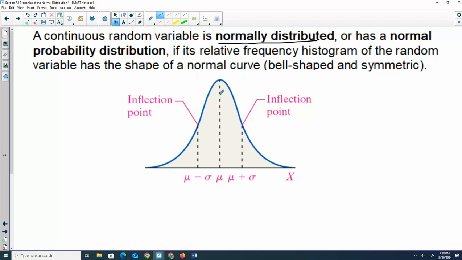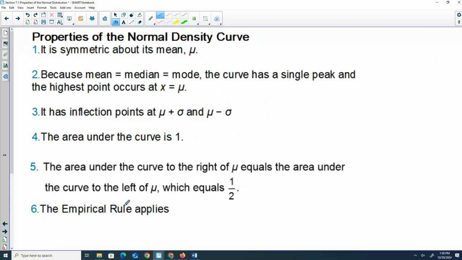Remember when we talked about these before, we said the middle is the mean, and back when we did the empirical rule, we said you can measure one standard deviation, the mean plus the standard deviation, the mean minus the standard deviation. So that was all dealing with a normal curve. Some properties about this.